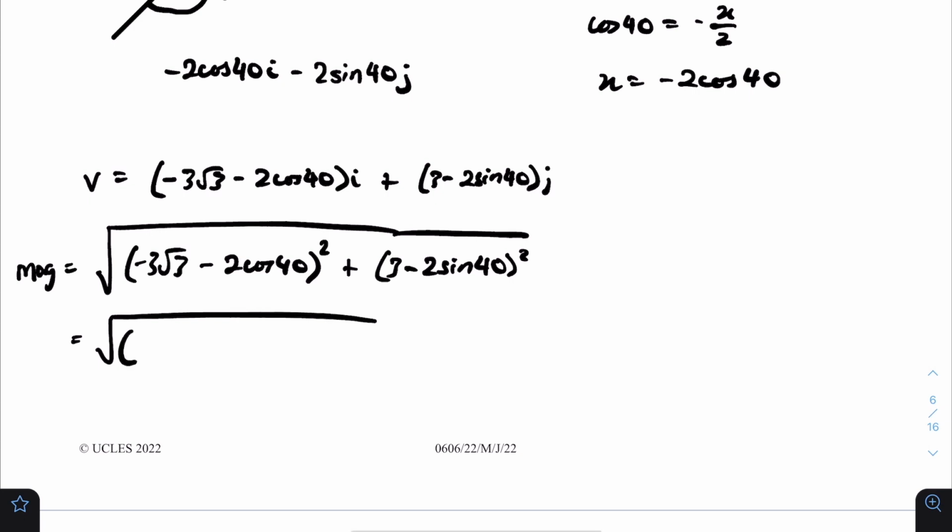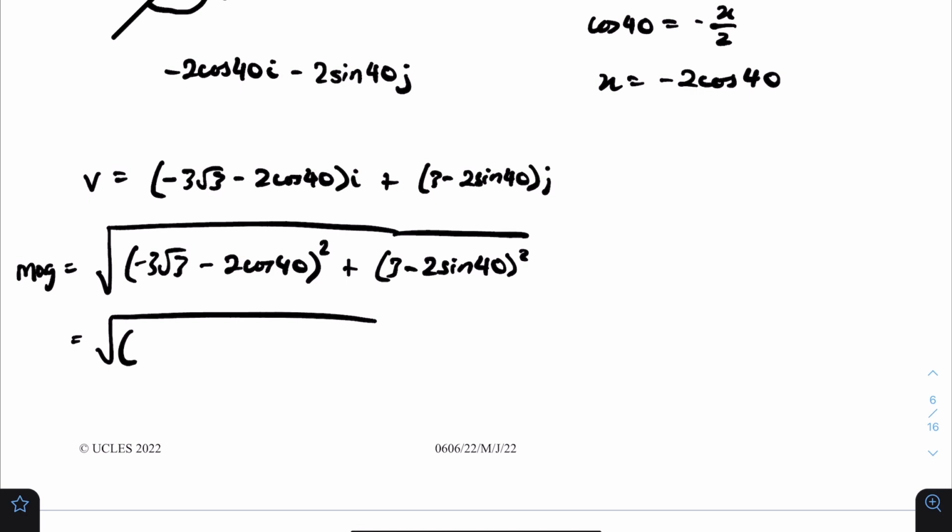So square root of negative, we just figure out what cos 40 is, so what we just do is we need to get our calculator, and so we get negative 3 root 3 minus 2, and then cos 40 is 0.6983132.